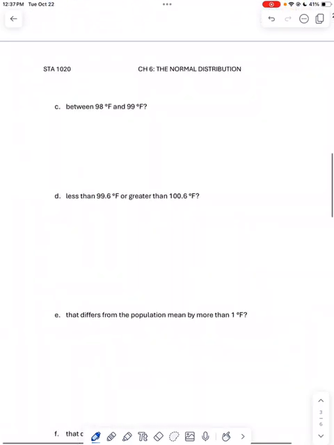Okay, what is the probability that the temperature will be between these two numbers? So we have to find the z for each of them. This will be x1 and this is x2.